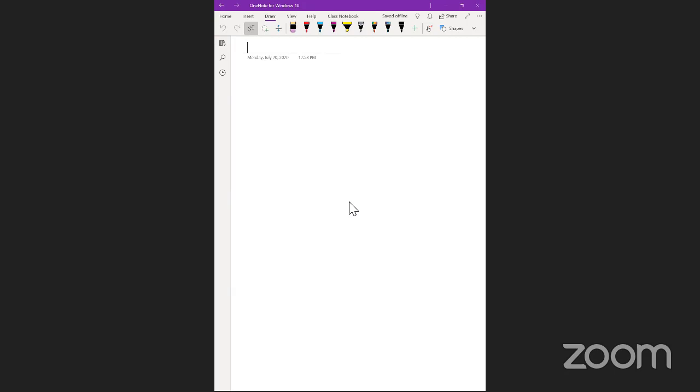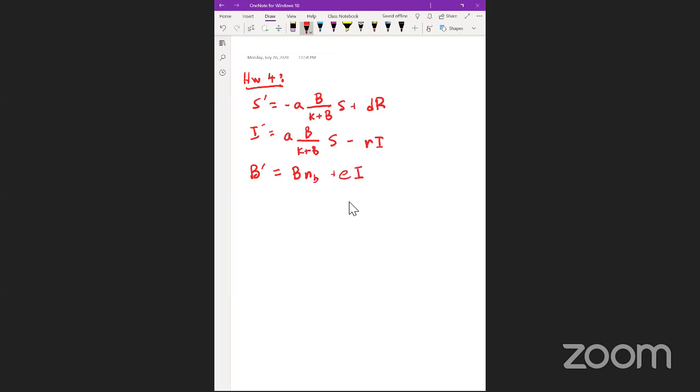Yeah, right. So what we had here is S prime equals minus AB over K plus B times S plus D times R. I prime equals AB over K plus B times S minus R times I. B prime equals B times, and B, CI, and R prime equals R times I minus D times I. And so we want to find the equilibrium solutions.